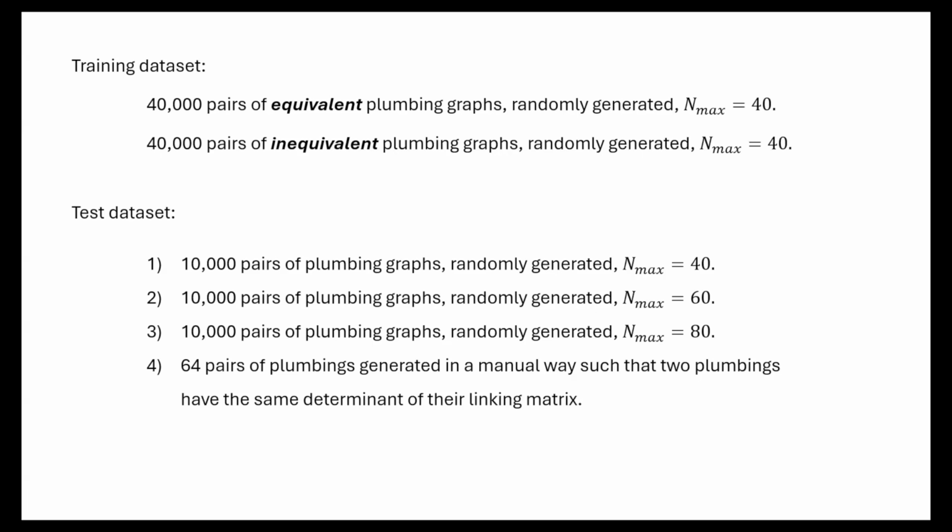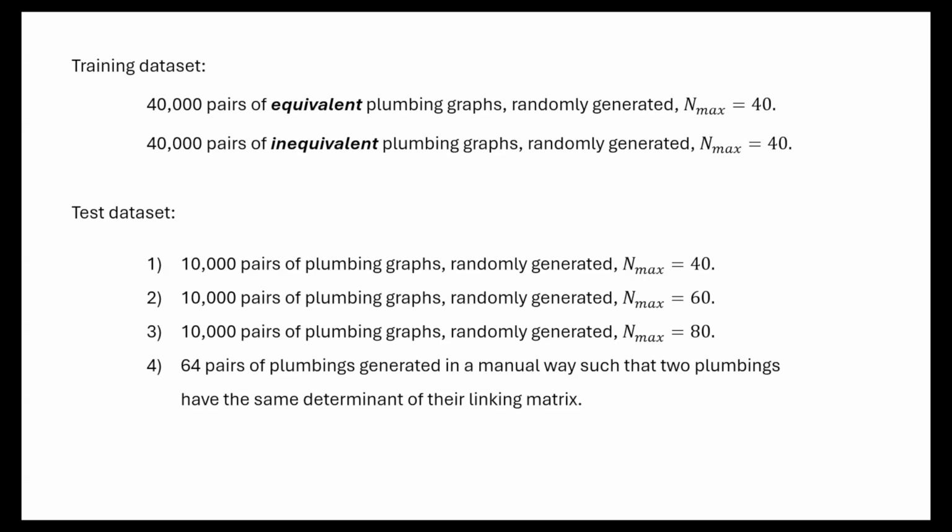Then for the test data set, we prepare 10,000 pairs of plumbing graphs, which is quite similar to the training data set. But test sets 2 and 3 are more difficult for the networks because they are generated with the number of Neumann moves up to 60 and 80, which the networks didn't experience in the training process. And then the last test set is very interesting.